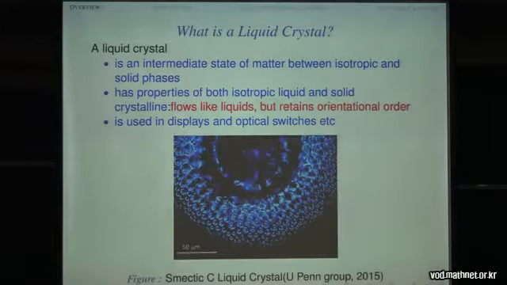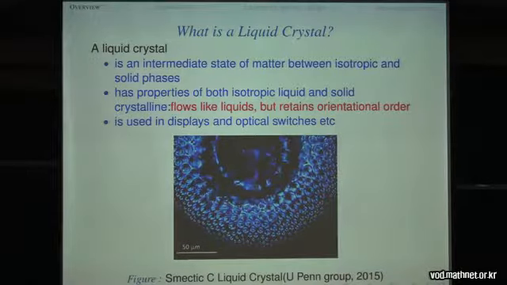So here, I think you have heard of liquid crystals many times in newspapers and on TV. What is a liquid crystal? A liquid crystal is an intermediate state of matter between liquid and solid. One famous example of a liquid crystal is a soap bubble. When you take a shower and make a bubble, it is actually a liquid crystal phase.